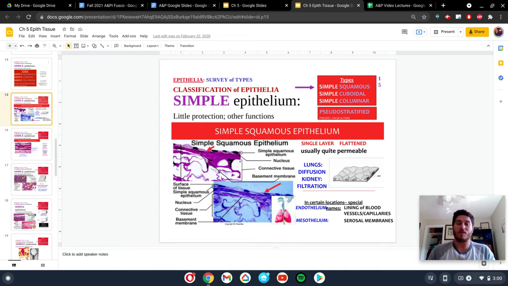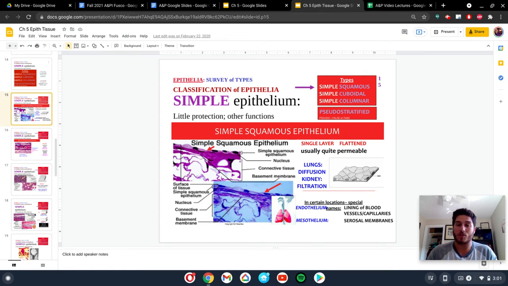If you look at something like this, where we see simple squamous epithelium, we're going to see things that are flat and thin, and therefore, because they're smaller, typically they have less material in them, less energy to build them, and they have a function where it is important that they are flat, such as diffusion.